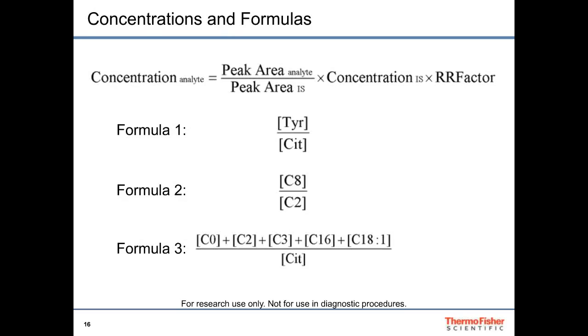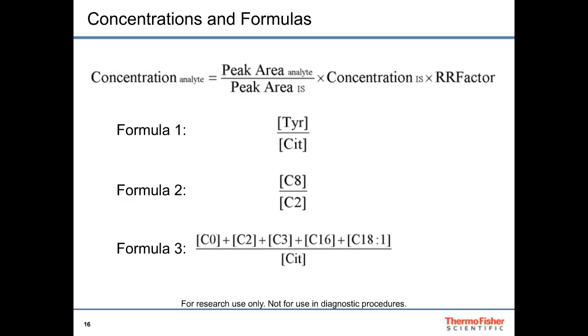After determining the peak areas for the analyte using its SRM signals and for its internal standard, the software calculates the concentration using a relative response factor for that analyte. The IRC Pro software can do custom calculations, such as adding and subtracting and doing all sorts of ratios.